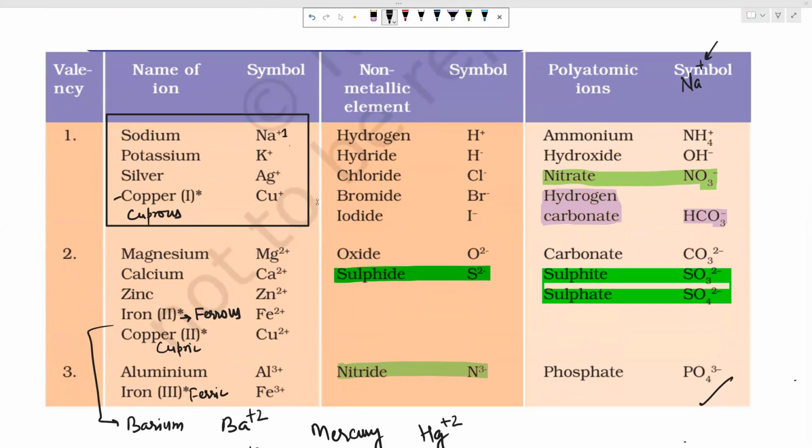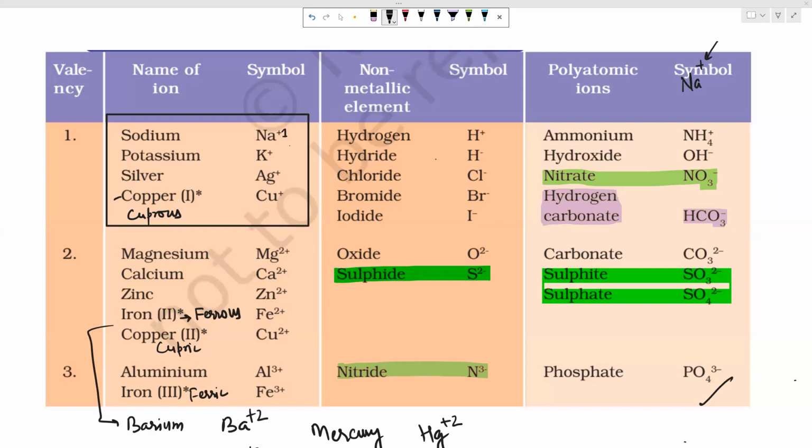I'm saying that this chart is going to help you. Is my voice coming? Is it lagging now? Yeah, just wait and just listen to my voice.